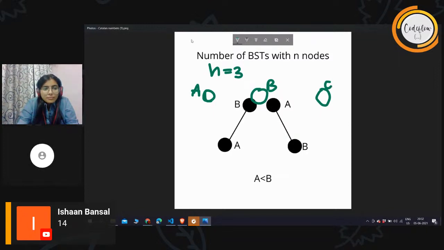Okay. Now A is the first node. So how many nodes can A have to its left? If there are 3 nodes and the relationship is A is less than B less than C, how many nodes can A have on its left?